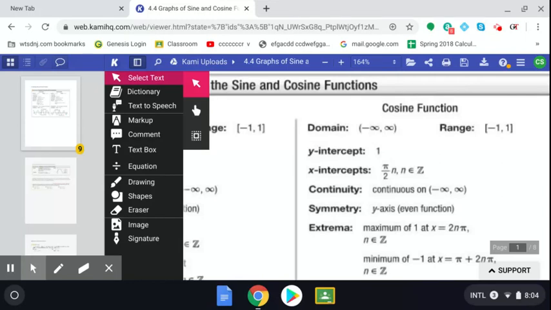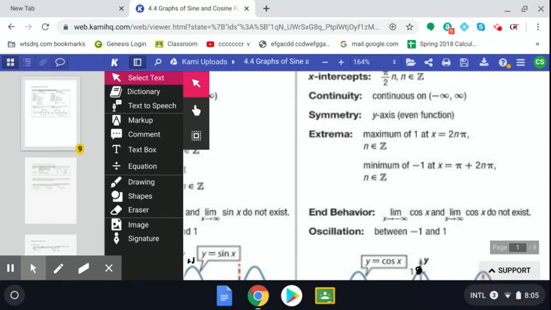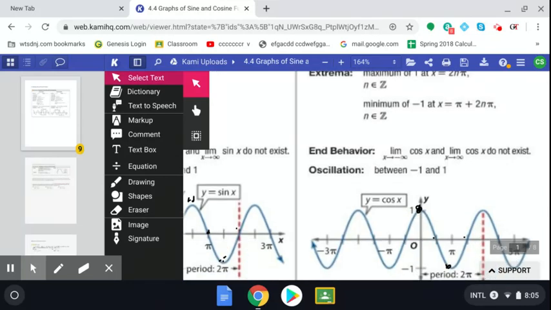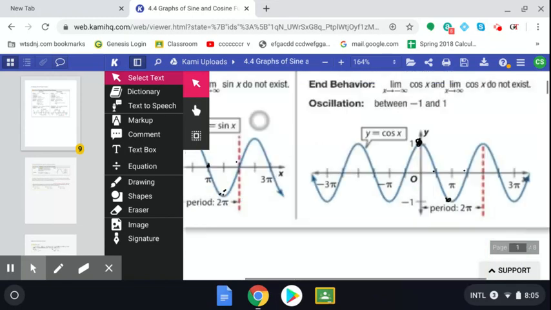It's continuous from negative infinity to positive infinity, symmetric about the y-axis. It's an even function. And the maximum is 1 at x equals 2 times n times pi. So every 2 pi, you're going to get a max, and the minimum of negative 1 at x equals pi plus 2n pi. And end behavior does not exist, of course, because it's a periodic function, which means it's going to keep repeating itself.